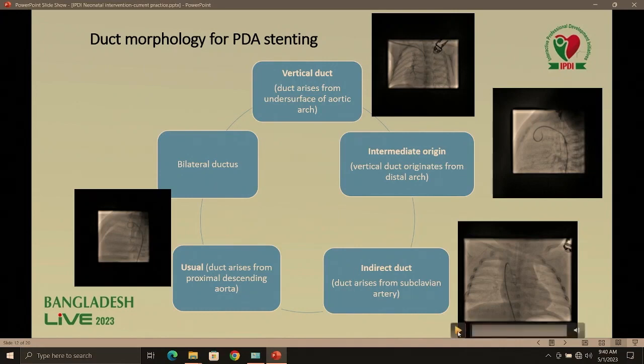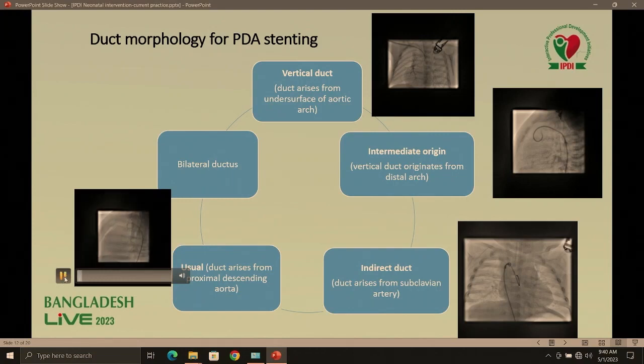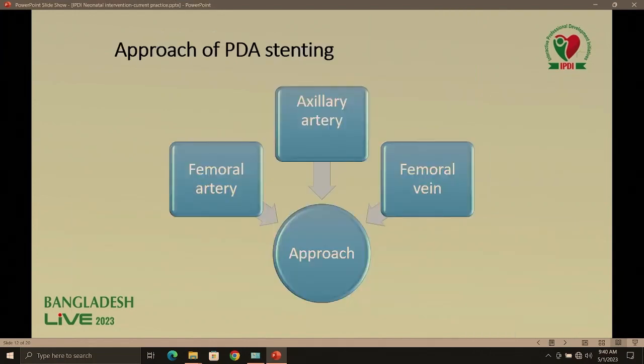The indirect duct is like a BT shunt, where the duct arises from the left subclavian artery, and I did my first ductal stenting in this kind of patient. The easy one is the usual duct arising from the proximal descending aorta. Beginners can start with this kind of duct. And bilateral ductus are also there.